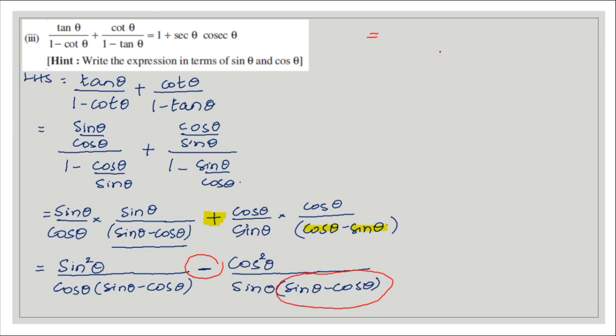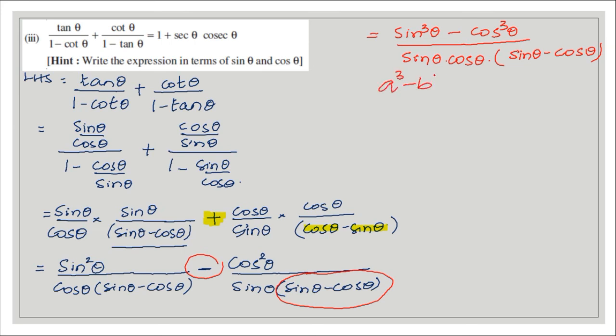By taking the LCM, we get sin square multiplied to one more sin, it becomes sin cube theta minus cos cube theta divided by sin theta cos theta into sin theta minus cos theta. Remember, it is like a cube minus b cube in the numerator.